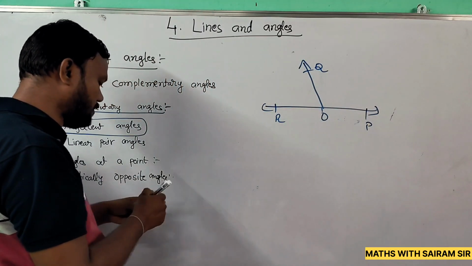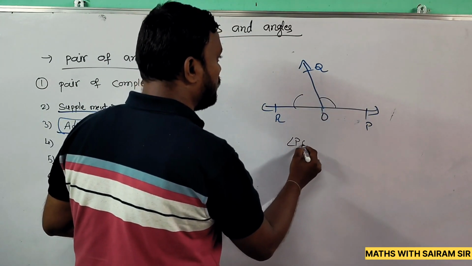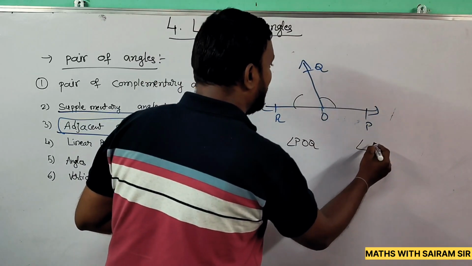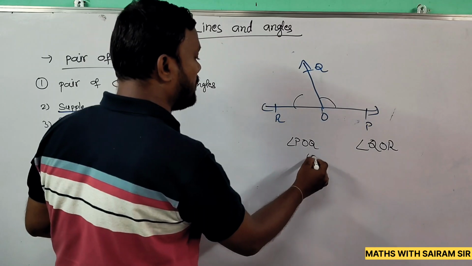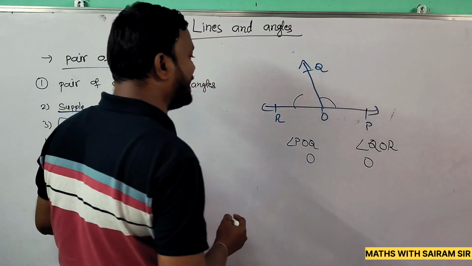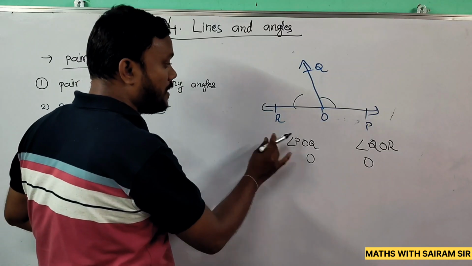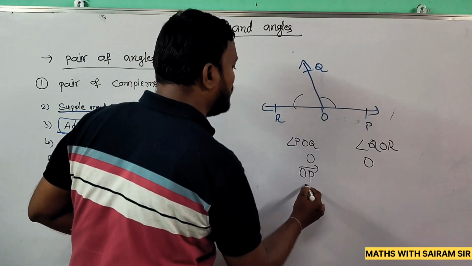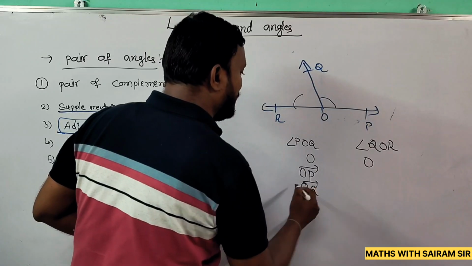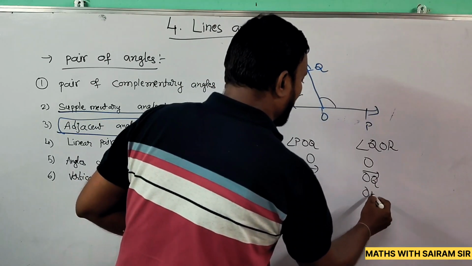Here also we have two angles: angle POQ and angle QOR. These two angles have a common vertex O. Angle POQ is formed by the OP ray and OQ ray, and angle QOR is formed by the OQ ray and OR ray.